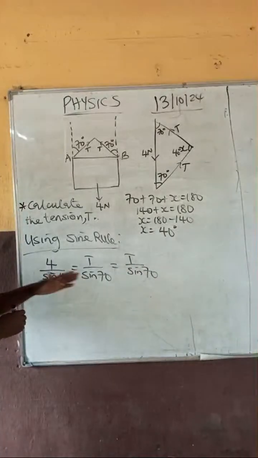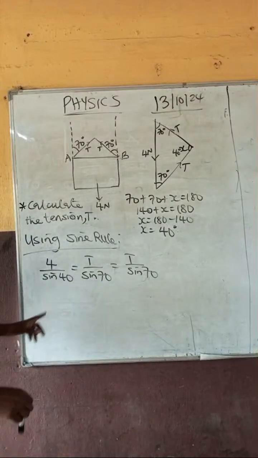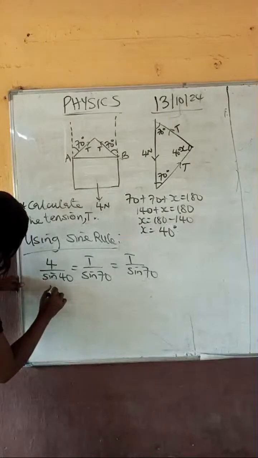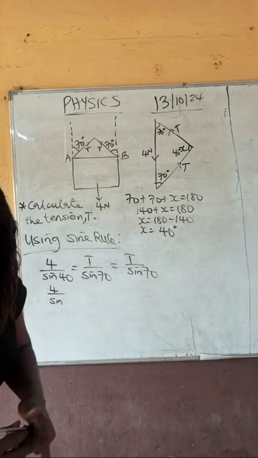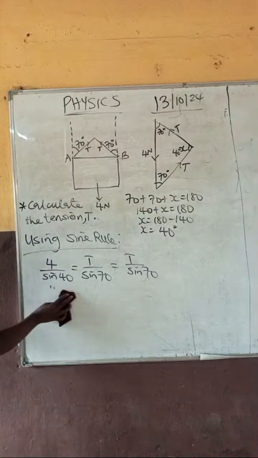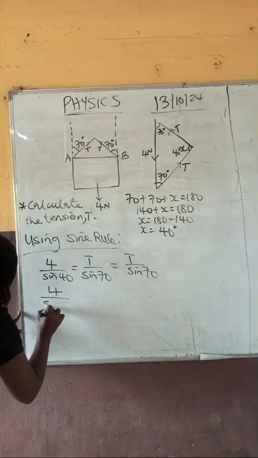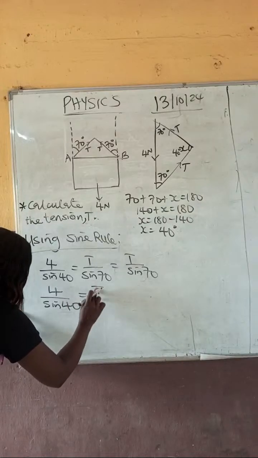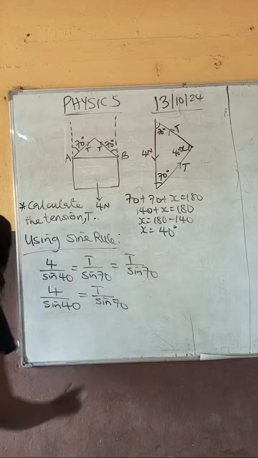Now, since we have the same tension, we are going to equate this and this to get the value of T. So we say 4 over sine 40 is equal to T over sine 70, right?